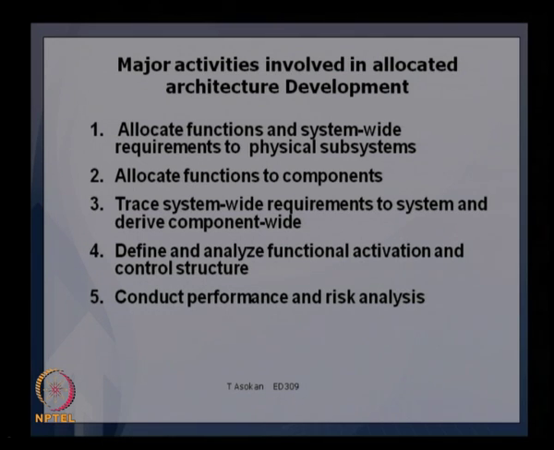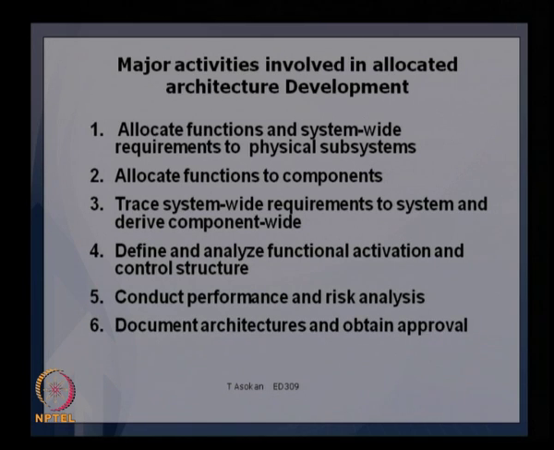All those need to be identified at the architecture development level itself. Therefore, we do a performance analysis to identify the risk involved in the subsystems as well as components. And finally, we document the architecture and obtain approval. So, these are the major activities involved in allocated architecture development.